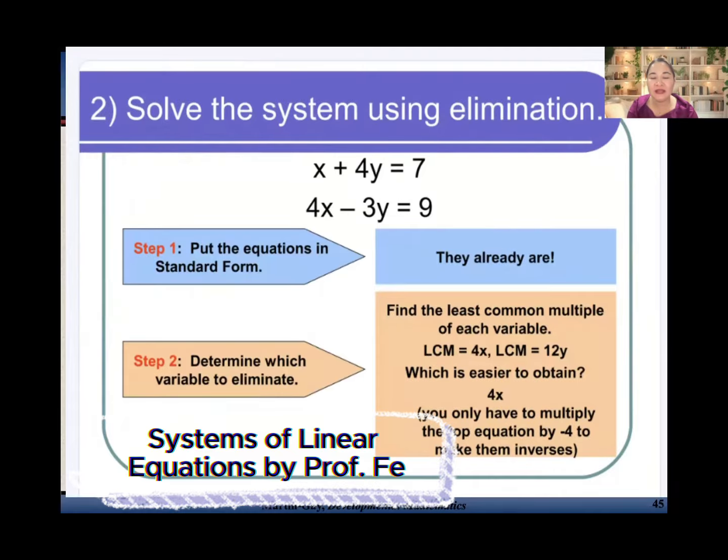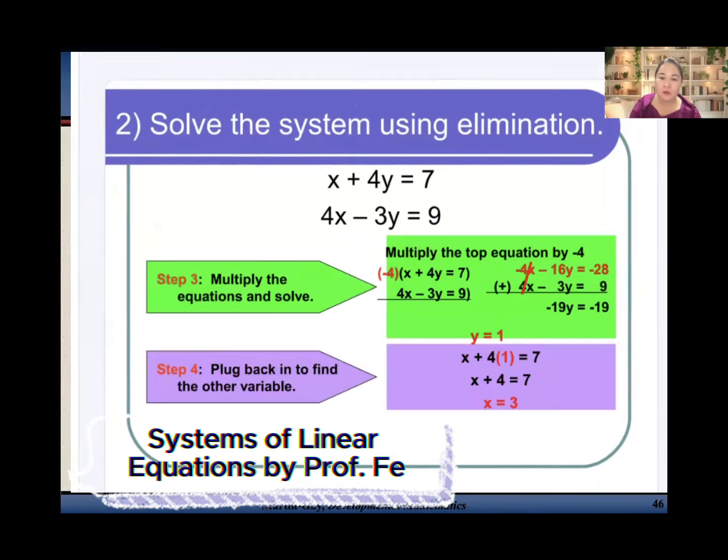Okay, so this is another example. In this case, you are going to multiply the first equation by negative 4. Why? When you add, it will become 0. So we multiplied the first equation by negative 4. So we have negative 4x minus 16y equals negative 28.